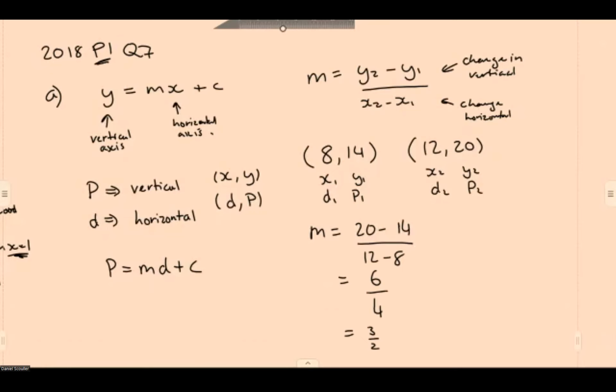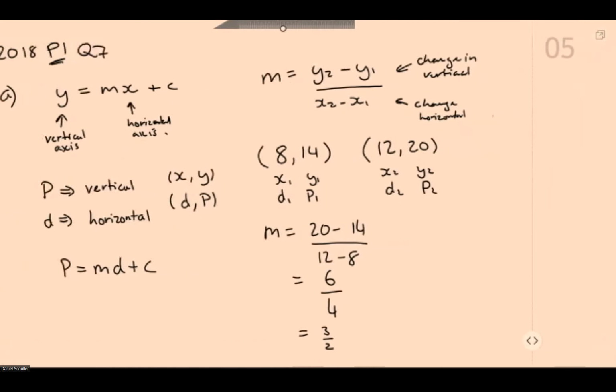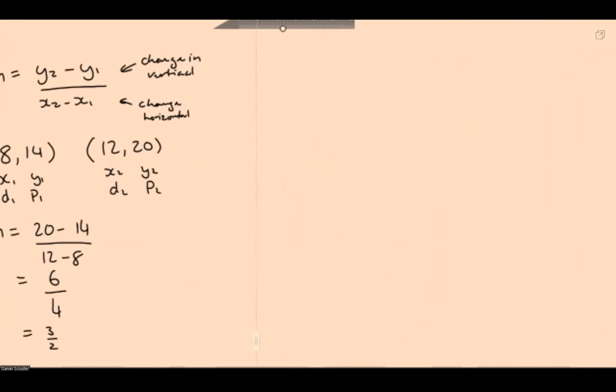So taking that m value into our y equals mx plus c, or our p equals md plus c. Remember, c is just the y-intercept, just the letter we use. It's where it cuts the vertical axis.